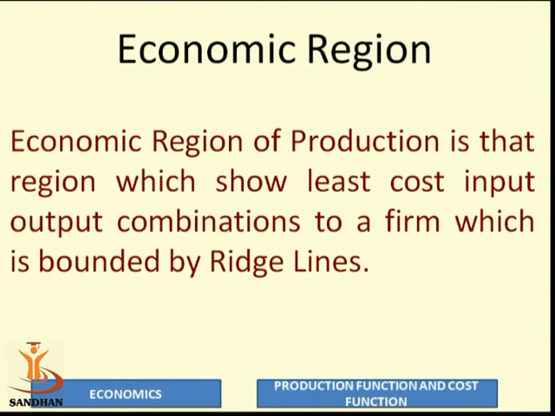In the refineries and all, you can achieve economies in the midstream. In the distribution and all, you can achieve the economic region in the downstream. So whether it is upstream, downstream or midstream, the economic region is very important for a firm because every firm ultimately aims at maximum output at minimum cost.